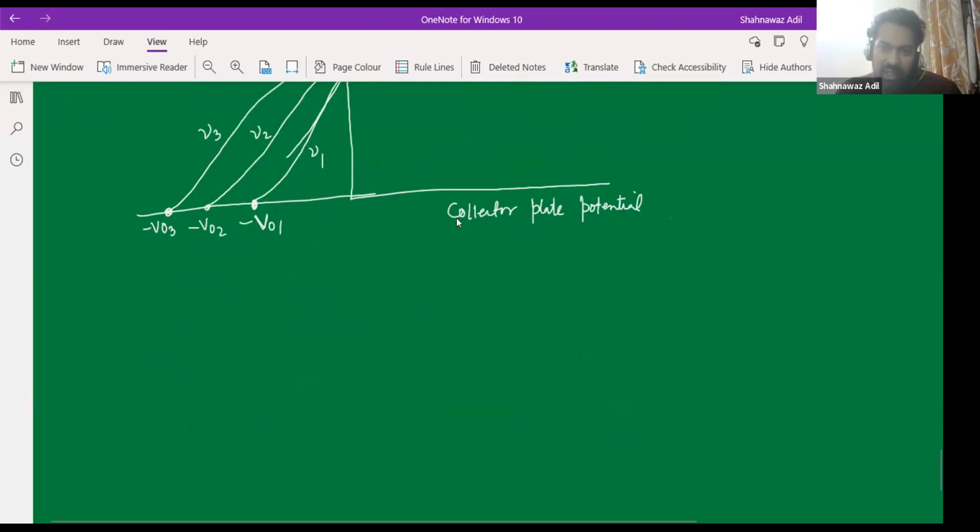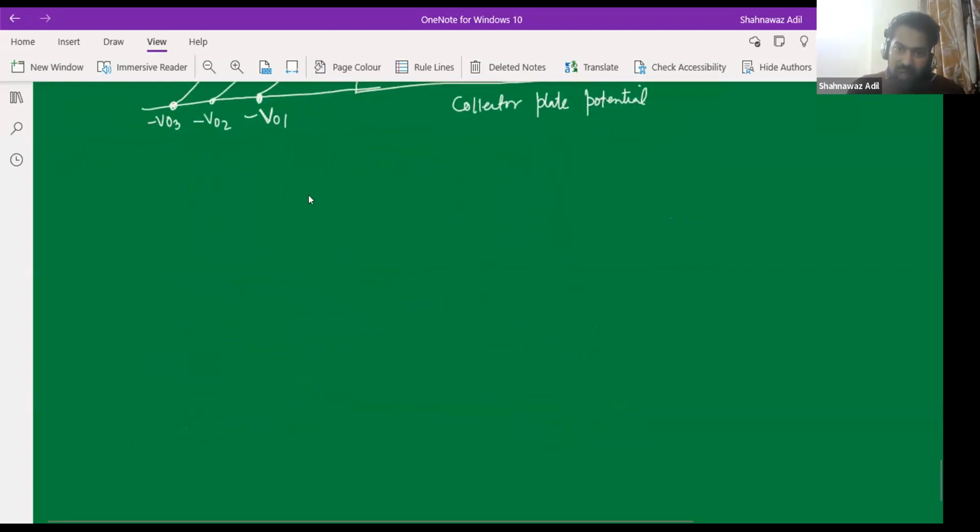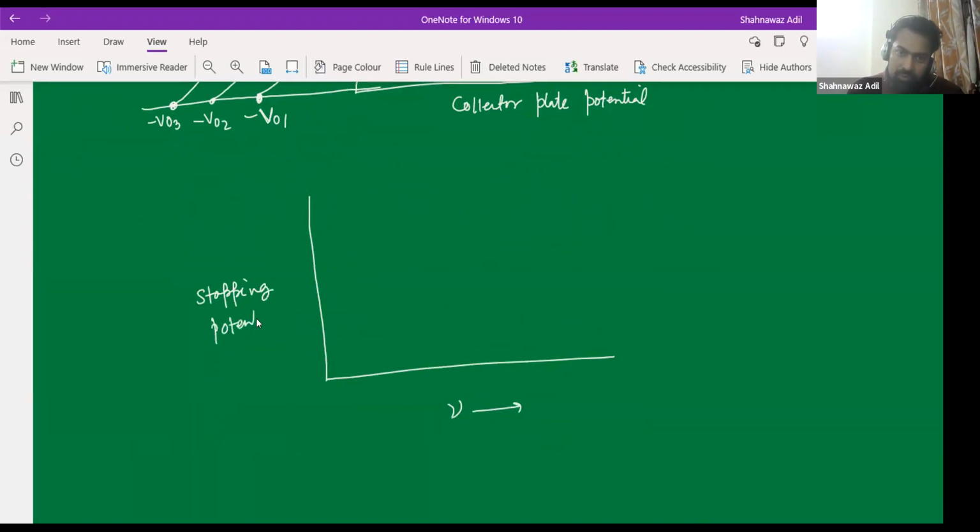And the other thing is that if we make the graph of frequency and stopping potential, this is V naught. So at first this is negative, but as soon as it reaches some, let's say, nu 1, then it goes linear.